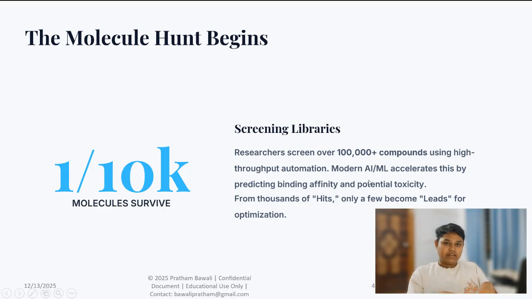In today's generation, everything is focused on AI and machine learning, which accelerate this by predicting binding affinity and potential toxicity. From thousands of hits, only a few become leads for optimization. That means if you want to discover one particular drug molecule, you have to go through lakhs of compounds, and from that only one gets the approval.